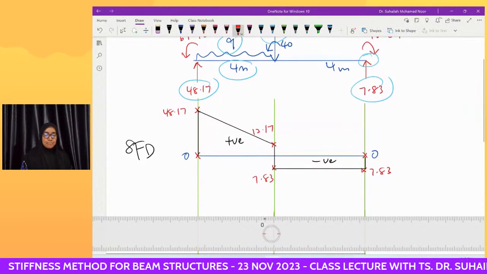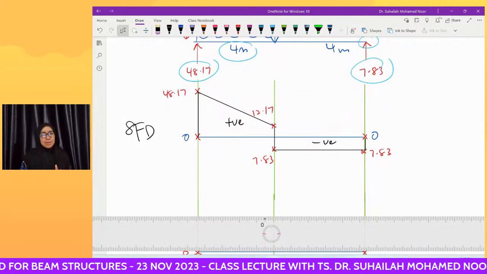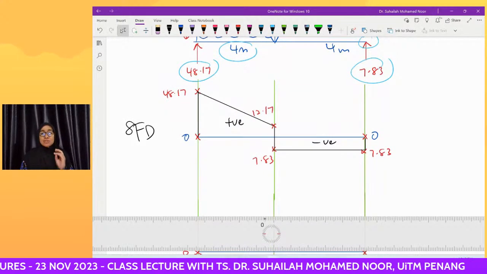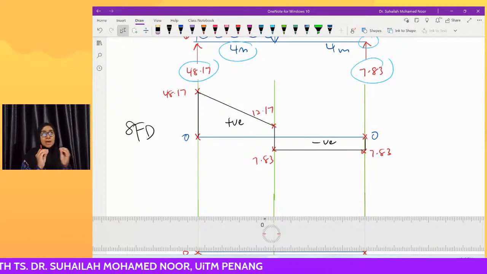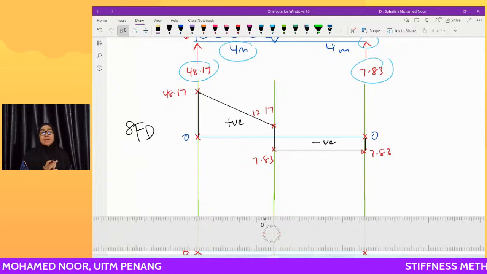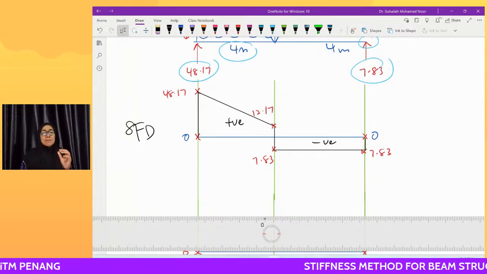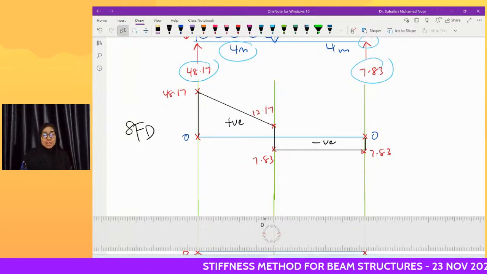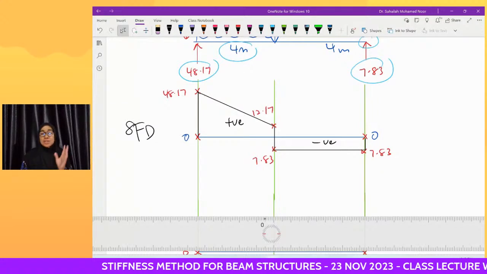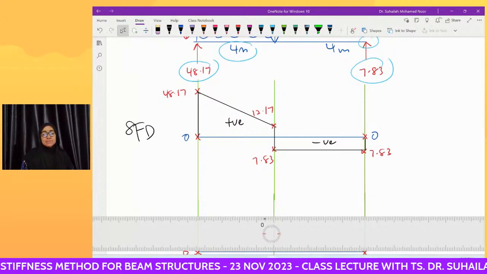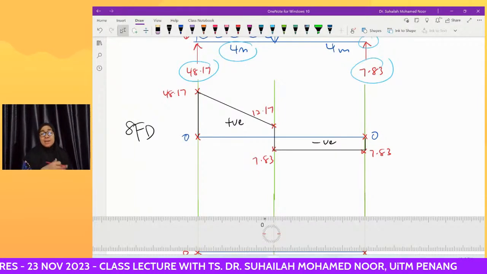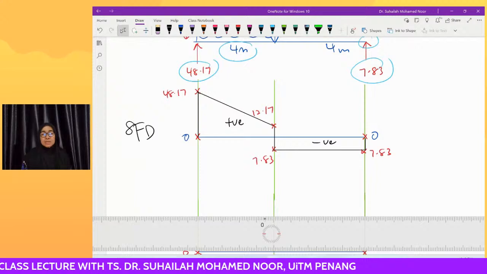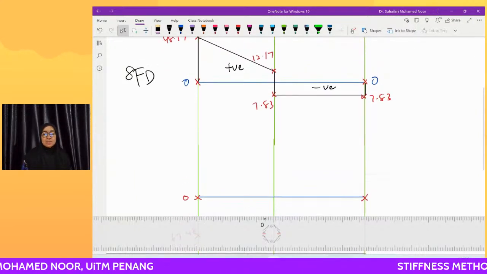Next point. Because it is a trapezium, there is no intersection in the shear force diagram. Remember, the bending moment diagram has a maximum moment whenever the shear force diagram has an intersection, a crossing.